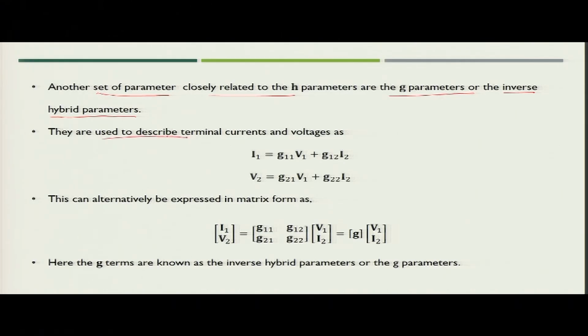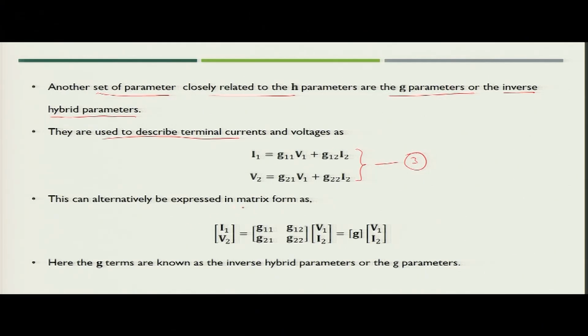Now, how will you describe the terminal currents and voltages? I1 in this case will become G11 V1 plus G12 I2, and V2 will become G21 V1 plus G22 I2. So, this is another set of equations which defines the G parameters.